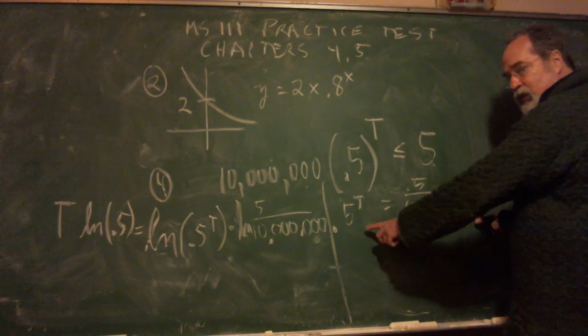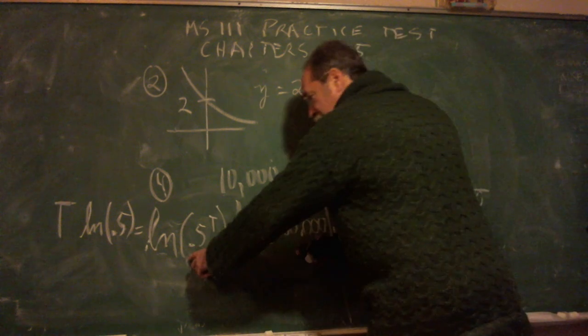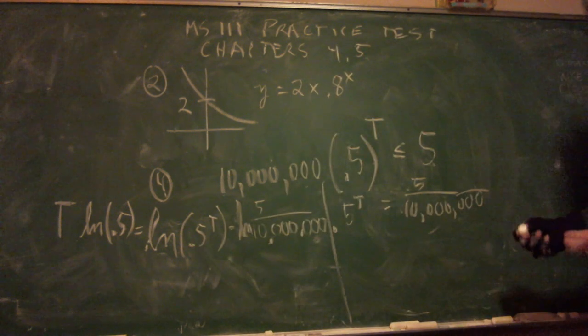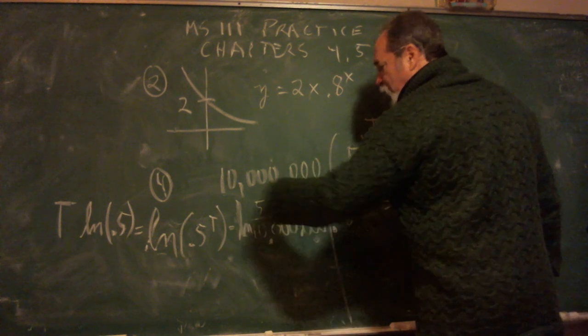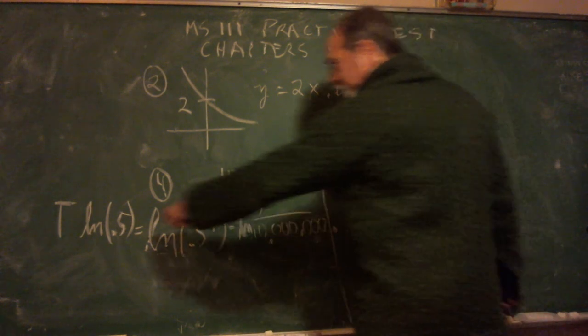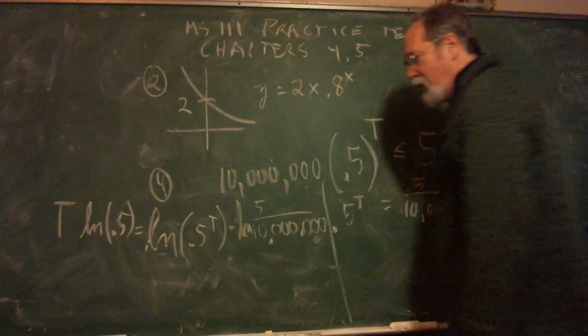I have this thing, and I'm going to take the natural log of both sides. So you go from this equation over here, and take the natural log of both sides. You have to take the natural log of both. That's the only way to do it. So this comes out to be a negative number right here, but the natural log of 0.5 is a negative number as well.